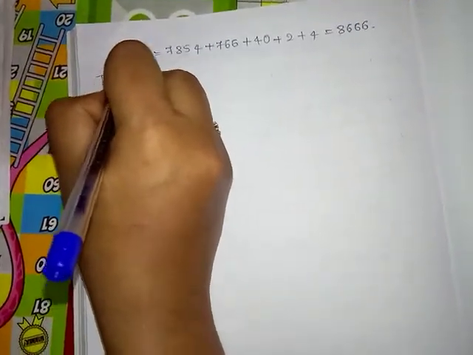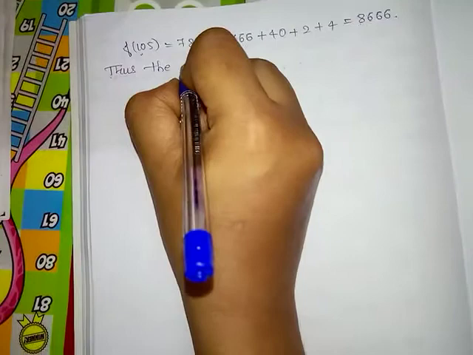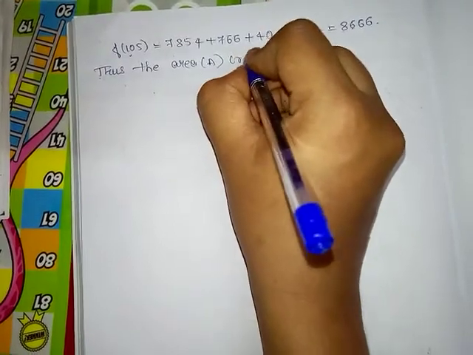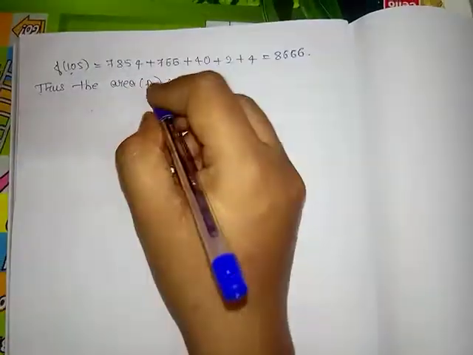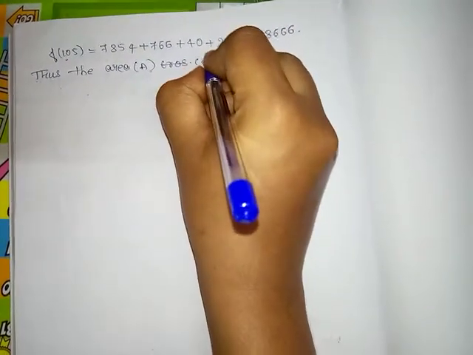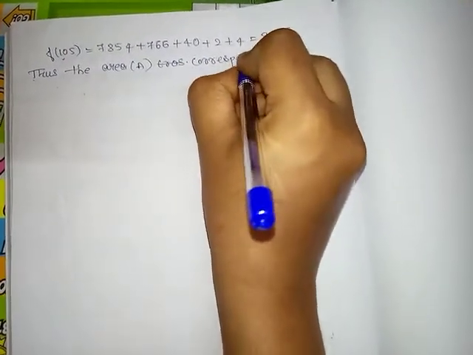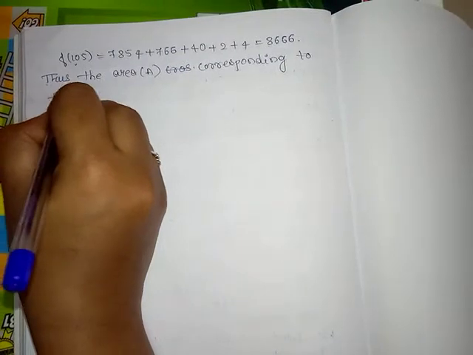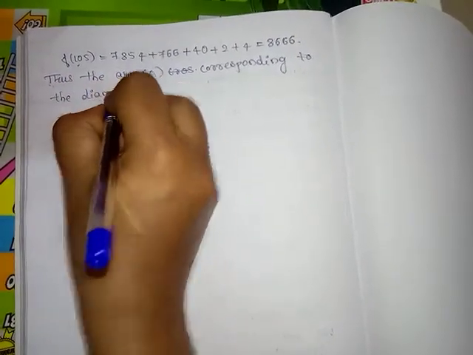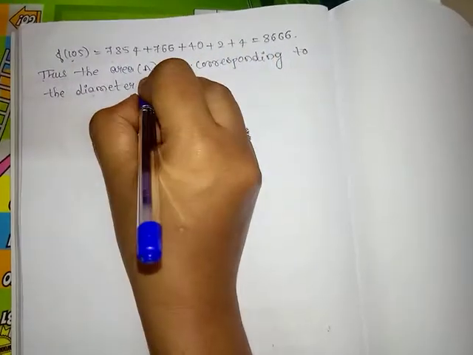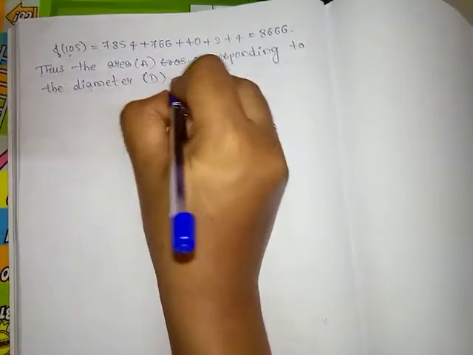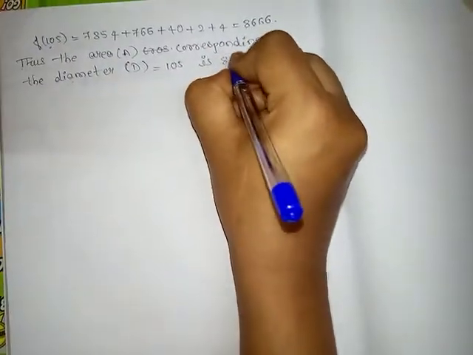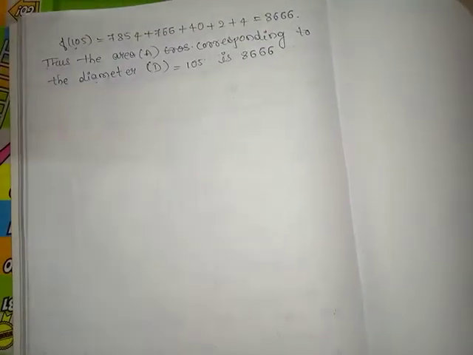Thus the area A corresponding to the diameter D equal to 105 is 8666.